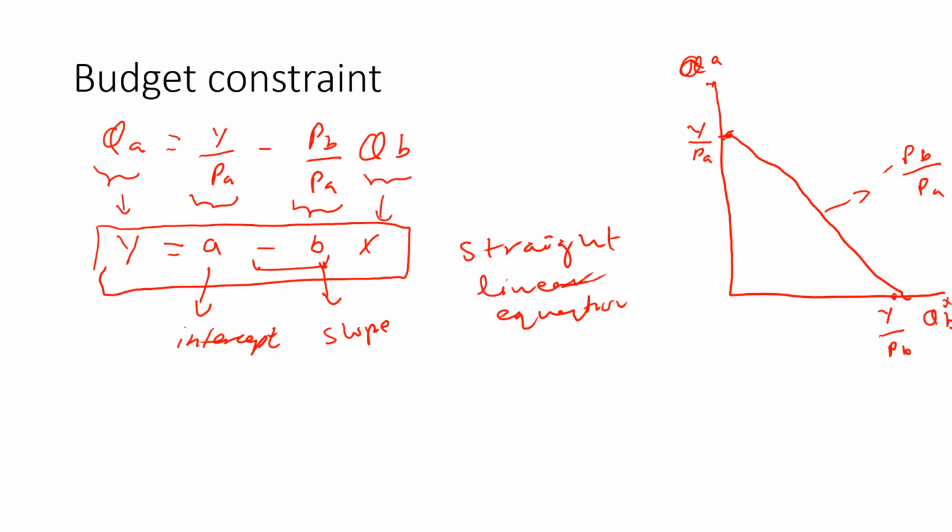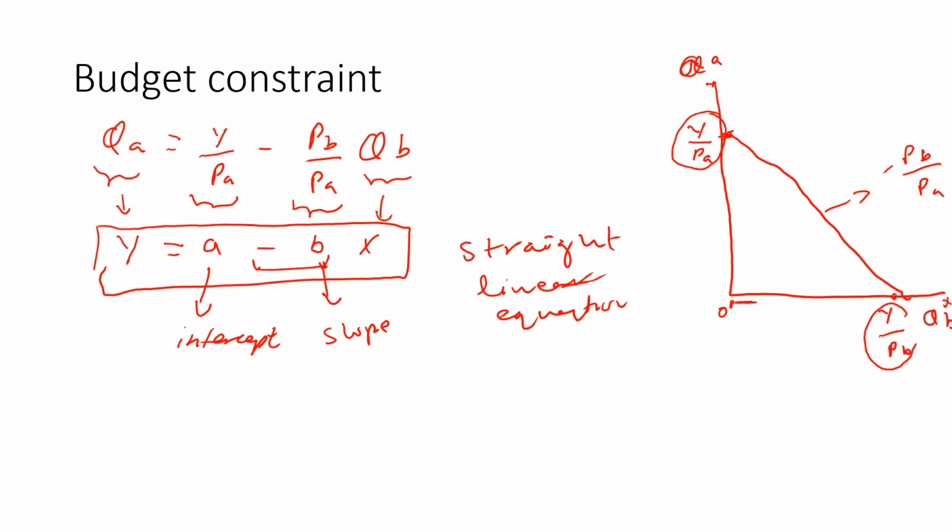What does this graph tell us? Again, look at this upper portion, that is y over PA, the intercept term on the y-axis. It tells us the maximum amount of QA that can be consumed in the given budget, and that is when we consume 0 of QB, then we will be able to consume maximum of QA, and that is equal to y over PA.